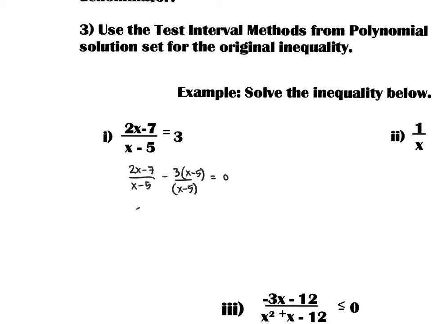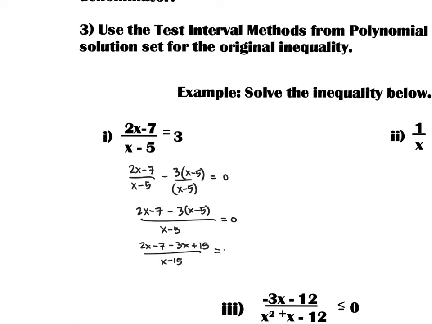So now what I'll have is 2x minus 7 minus the quantity 3 times the quantity x minus 5, over x minus 5. And we're setting that equal to 0. So let's simplify the numerator. This would be 2x minus 7 minus 3x plus 15, all of that over x minus 5.